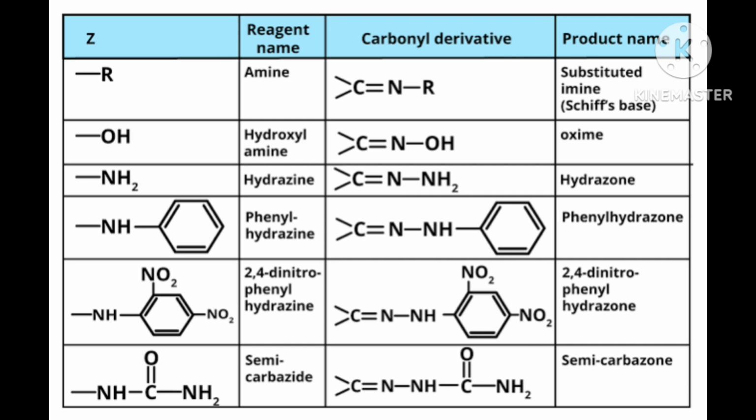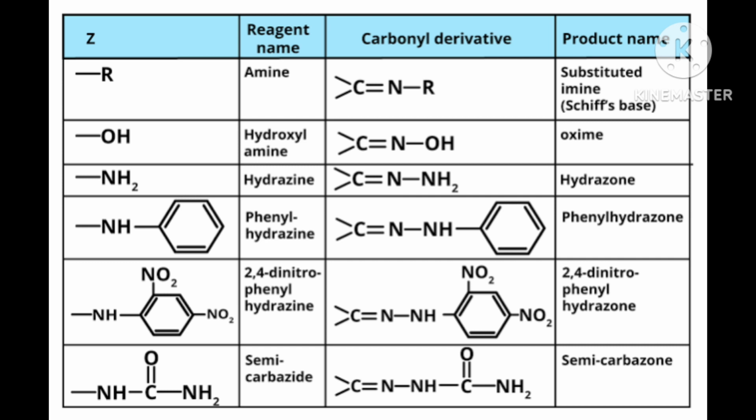That will come in the place of Z. Then this will form phenylhydrazone. With phenylhydrazine, it will form phenylhydrazone. In the place of Z, you have written NHC6H5.